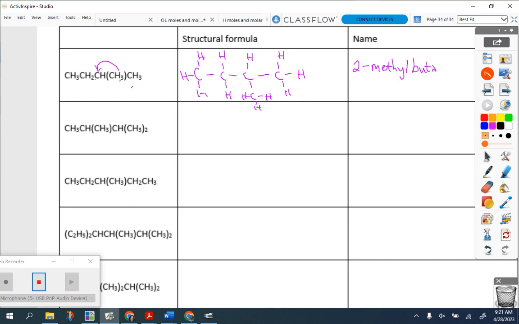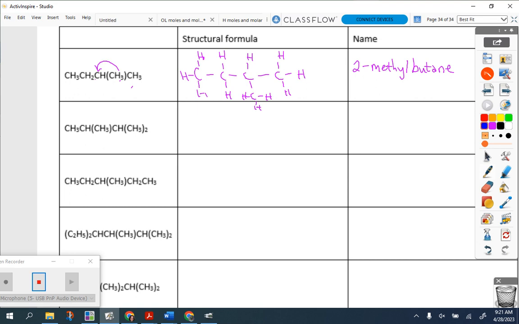Just kidding. Now, for multiple subgroups, yeah. But the butane, this is the root. So the root always goes at the end. So butane is the root. We've got 4 carbons.